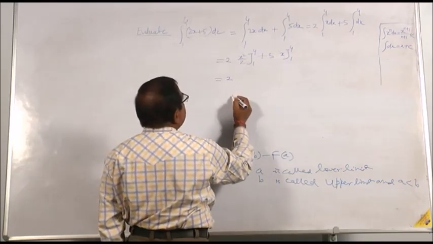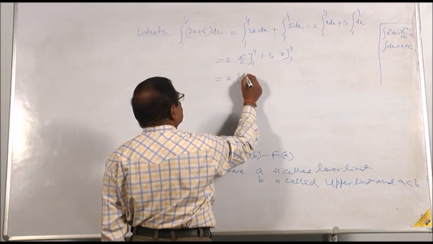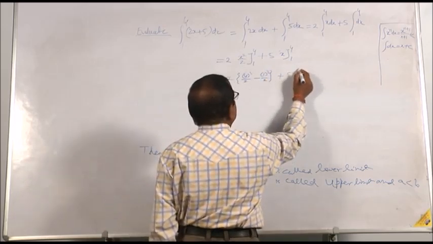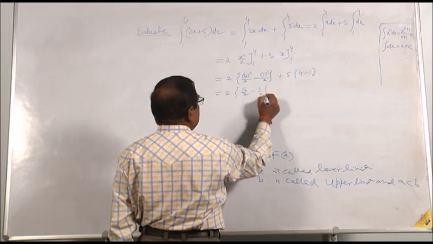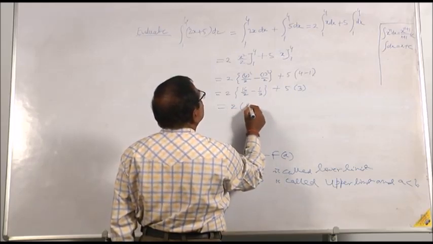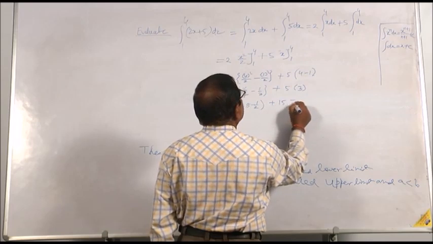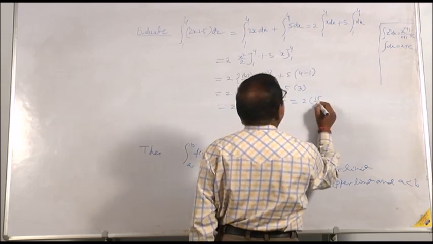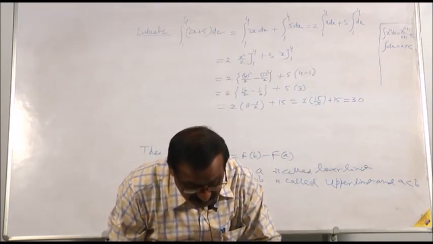So this is (4²/2 − 1²/2) + 5(4 − 1), which is (16/2 − 1/2) + 15, that is the answer.